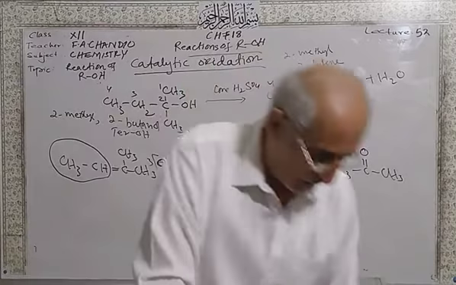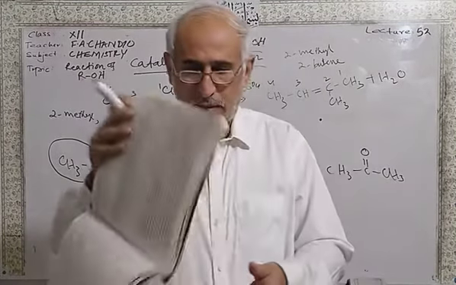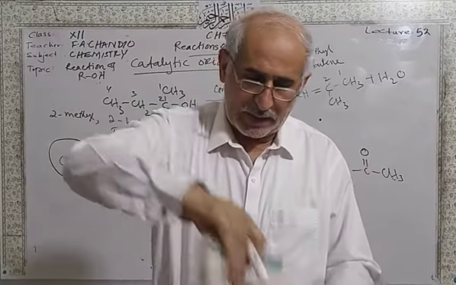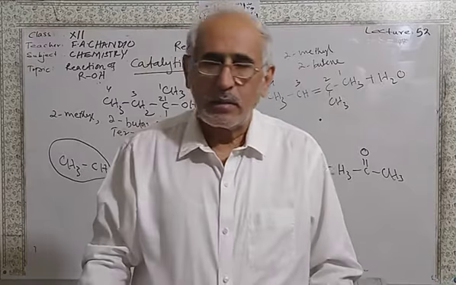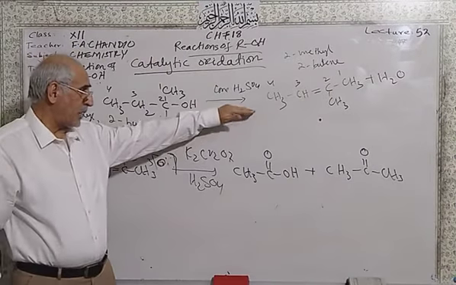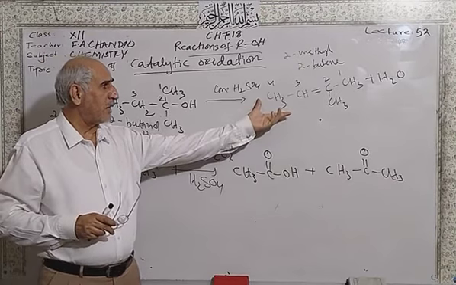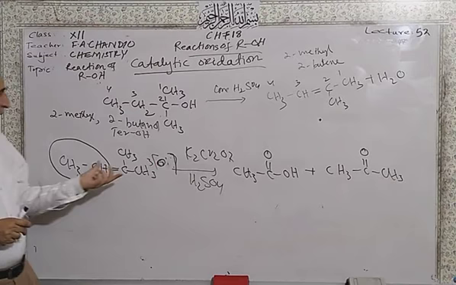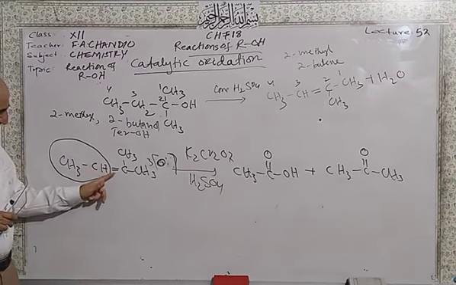So there are 2 steps here. In the first step, there is the formation by dehydration in the presence of sulfuric acid to make the alkene here. This is the first step. In the second step, there is the cleavage of the double bond.